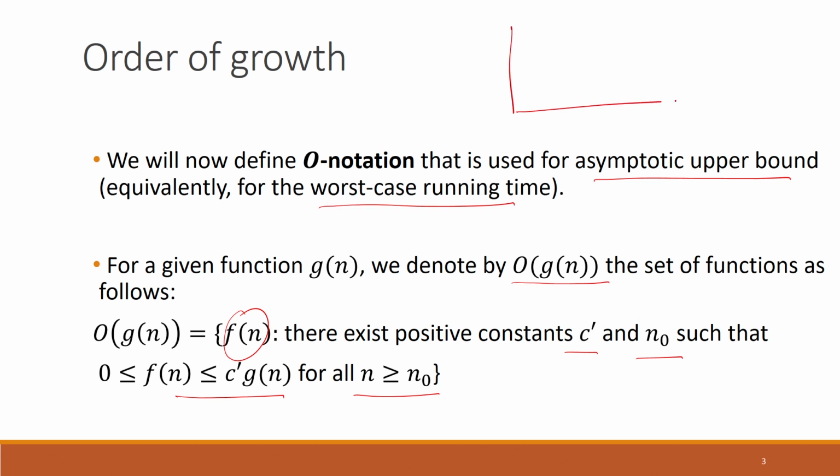On the x axis we are plotting n, and suppose this is the function f(n), and this is the function c' times g(n), and suppose the point where c' g(n) overtakes f(n) is n naught.